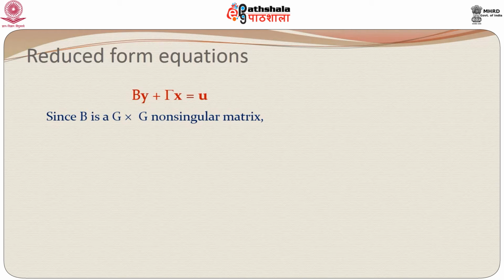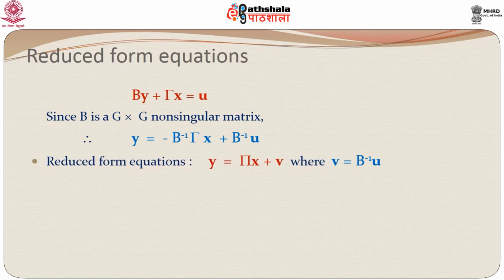So, we can always invert this B, and hence we can write y is equal to minus B inverse Gamma x plus B inverse u. Once we do this, we have the reduced form equations. We write y equal to Pi x plus v, where of course v is the second term on the right hand side, B inverse u. What is Pi? We will call Pi the reduced form parameters.